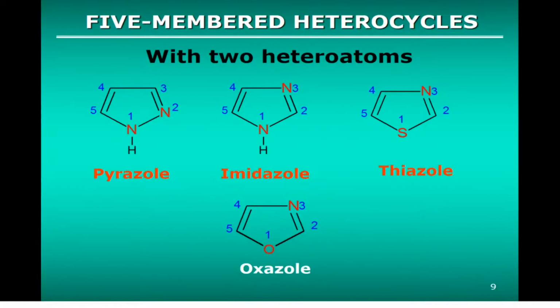So we start numbering from the highest, that means from the pyrrole nitrogen atom, and then we can't choose now. We will move in the direction that gives the second heteroatom as small a number as possible. So that's why we have anticlockwise here in this case. For imidazole, the same 1,3 position. For thiazole, sulfur is higher, that's why 1,3 position. And oxazole, 1,3 position.